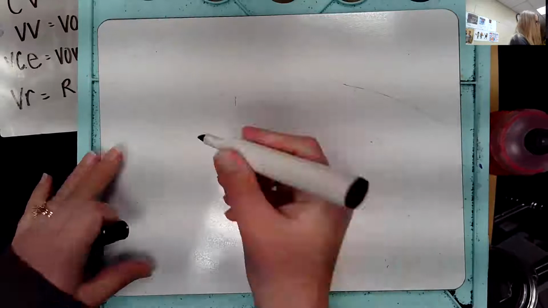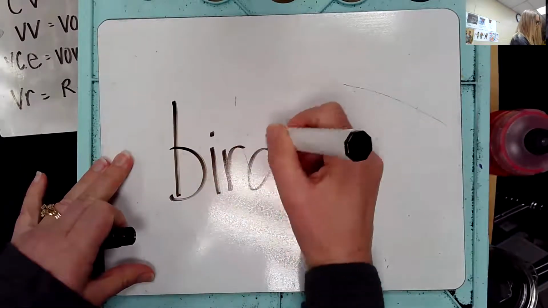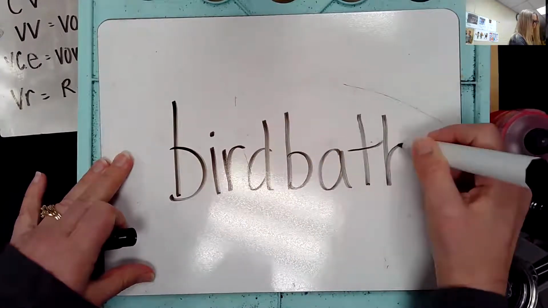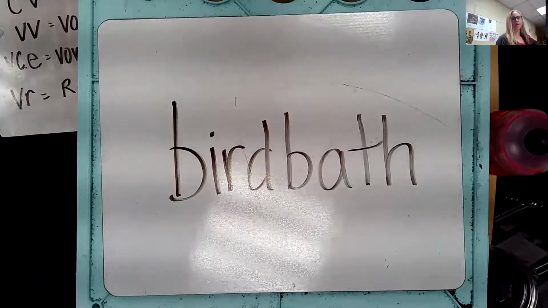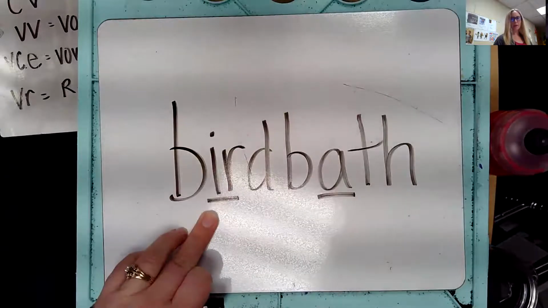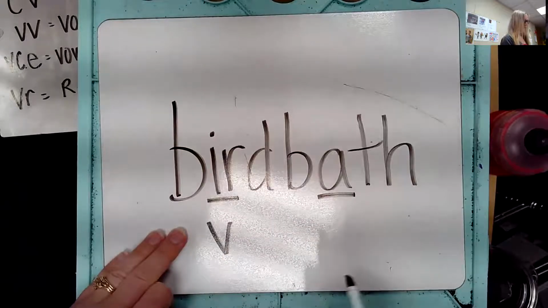Here's our next word. Write this one on your board. Okay, there it is. All right, let's mark our vowels, underline the vowels. I see an IR, that has to stay together because we know IR as an R control vowel.